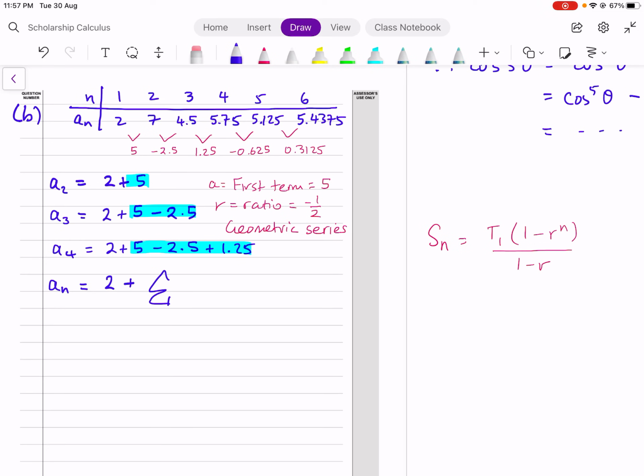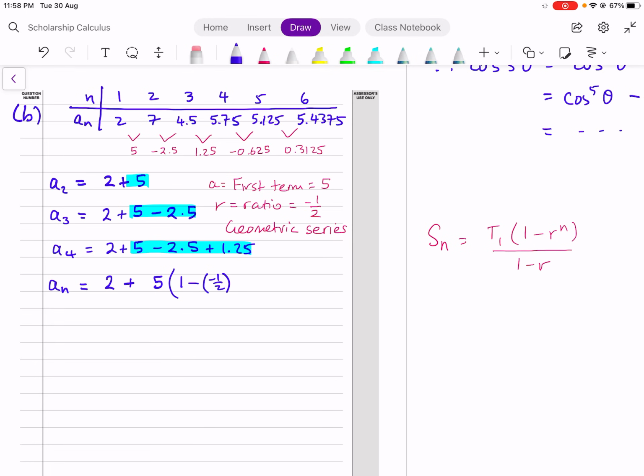So I'm not going to bother with that summation notation. I'm going to go straight to the 5 times 1 minus -1/2. This is where I've got to be careful. When I made n equals 1, I got the first one. But that was A2.